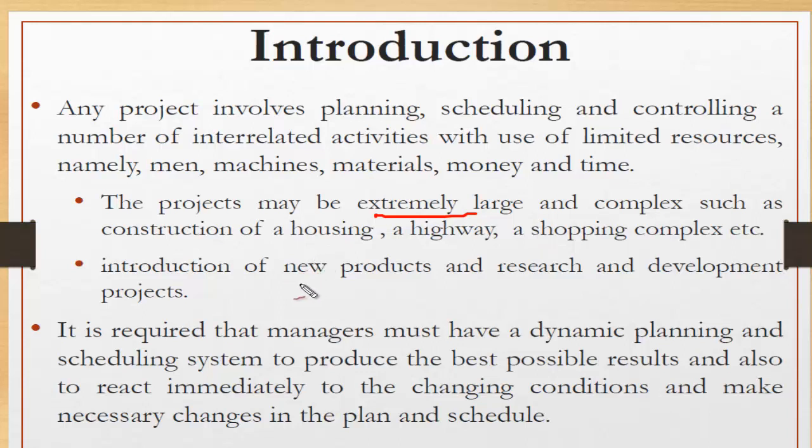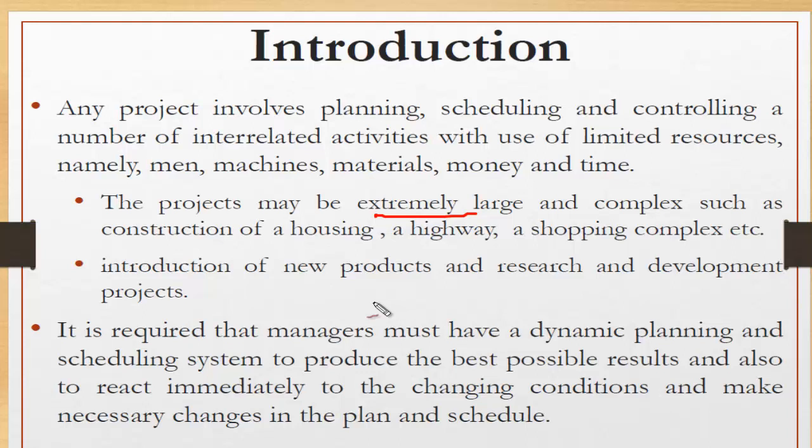You could have new products, research and development projects. For example, there's a new vaccine coming up. These are all projects, so we need to manage them. We need managers who have a dynamic planning and scheduling system in place to produce the best possible result. And if there are changing conditions, for example, with our flyover, there were strikes and a disputed scenario in Kashmir, and we see the flyover is not getting finished.